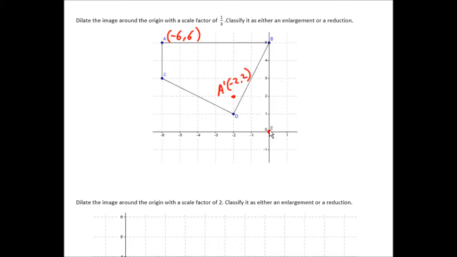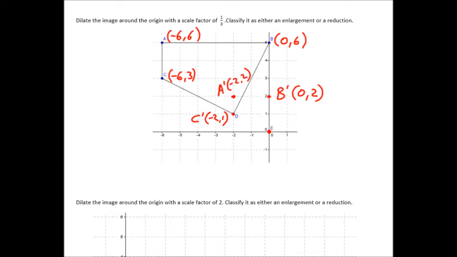1/3 of the distance from the origin to point B is going to take us to 0, 2. 1/3 of the distance from the origin to point C is going to result in its image point being at -2, 1. Point D, which was already at -2, 1, is going to go 1/3 of the way.